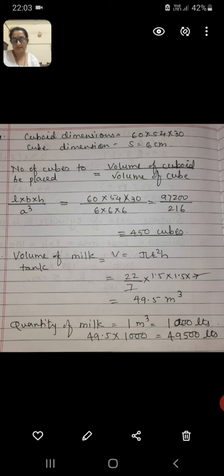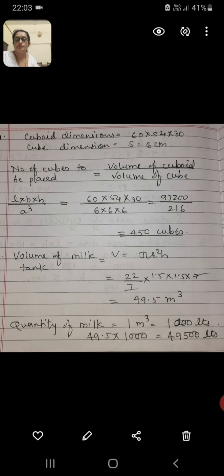Next, one more question from that is question number 4. The question is, a cuboid is of dimension 60 centimeter into 54 centimeter into 30 centimeter. How many small cubes with side 6 centimeter can be placed in the given cuboid? So one big cuboid is there and small cubes are there. You have to fit cubes in that cuboid and find out how many cubes can be fit in that.